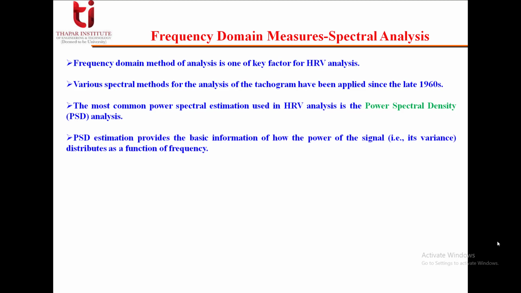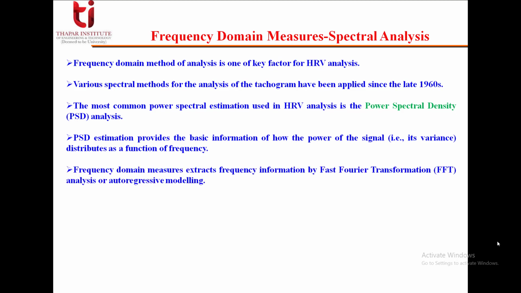PSD estimation provides the basic information of how the power of the signal, that is, its variance, distributes as a function of frequency. Frequency domain measures extract frequency information by using fast Fourier transformation, that is FFT analysis, or they can also use autoregressive modeling.